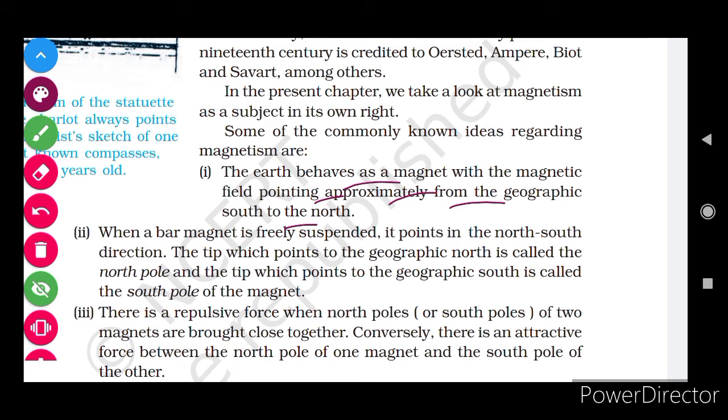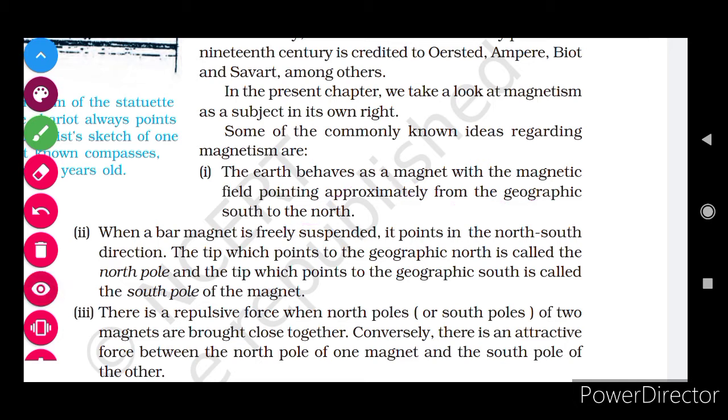So the Earth also is a magnet. We'll understand more about how these names are given further in the chapter ahead.